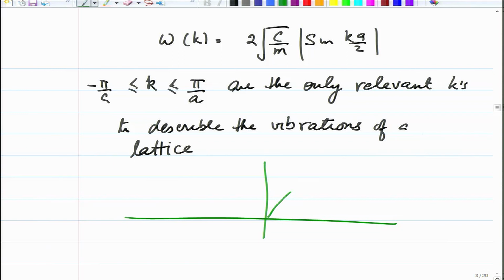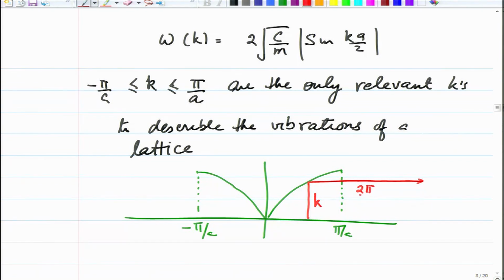This was my picture for omega versus k, up to pi over a and minus pi over a. Suppose I take a particular k point here and move it by 2 pi over a.